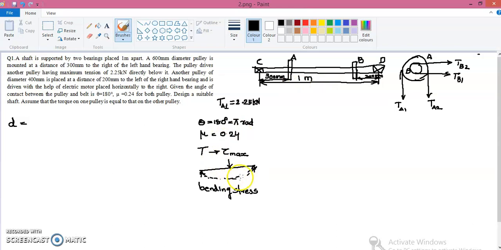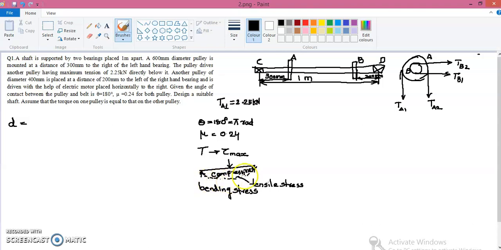So at this point, the stress acting on this section, the bottom portion of the shaft, is a tensile stress, and at the top portion it will be a compressive stress.